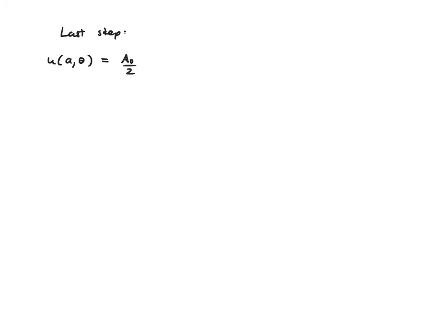That's a0 over 2 plus the sum n equals 1 to infinity. I just make r equal to a, so that's nothing exciting. a to the n, an cos n theta plus bn sine n theta. And that's all equal to my f of theta, that periodic boundary function f of theta.